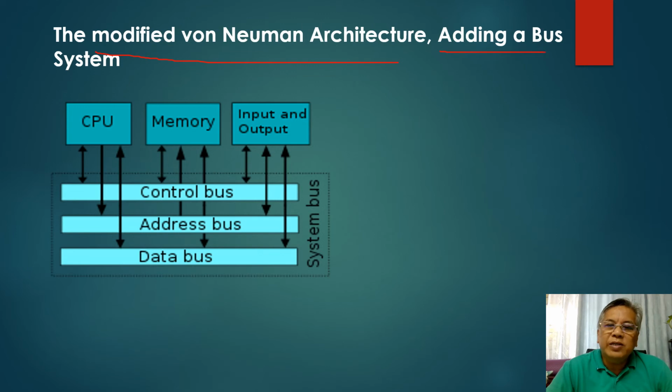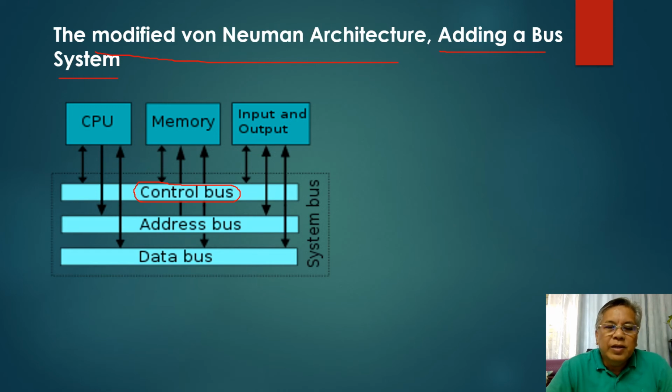adding a bus system. So in our previous discussion, we said that we have a control unit that transmits data into your arithmetic logic unit, for example, into your output device and so on. The instruction coming from your control unit passes through your control bus.